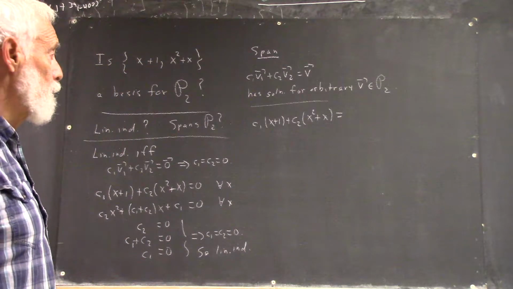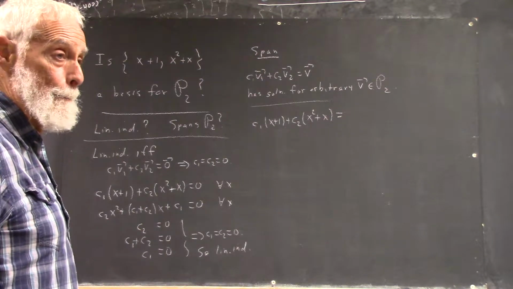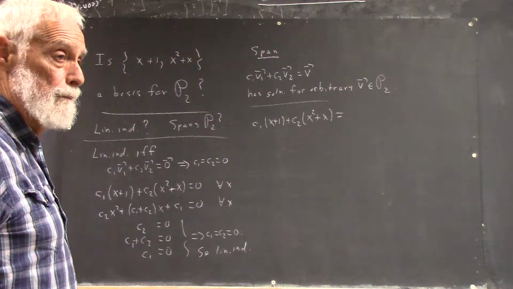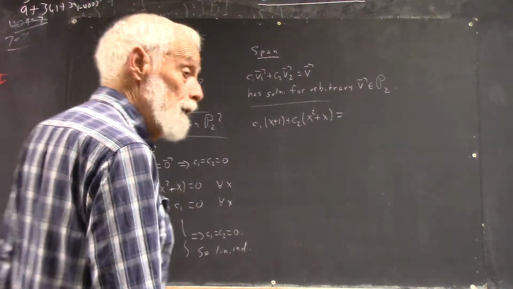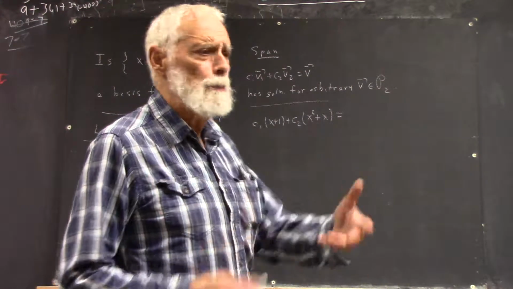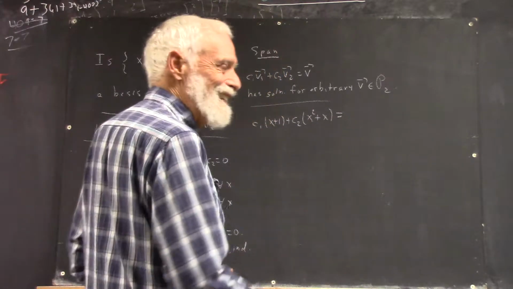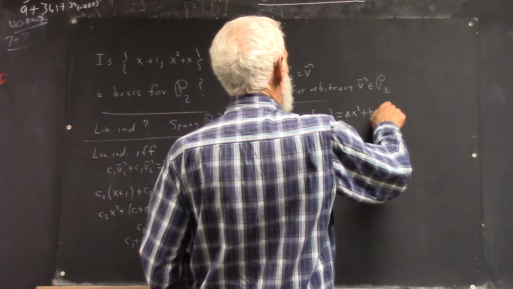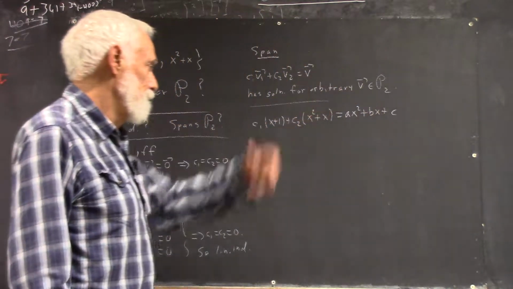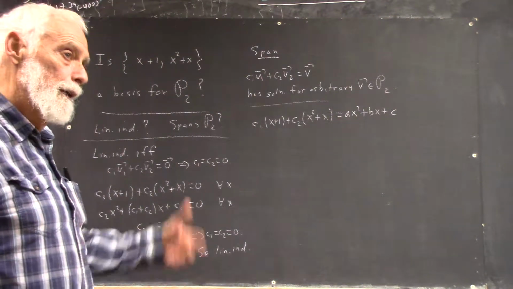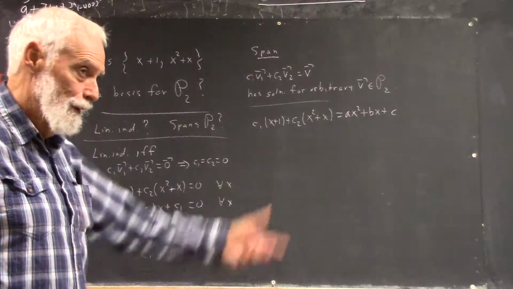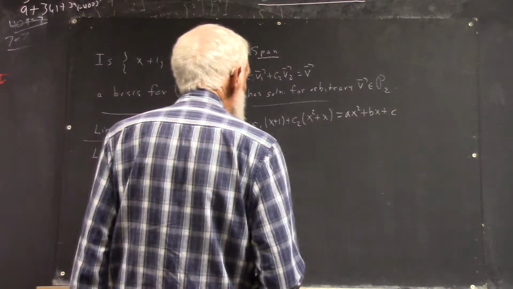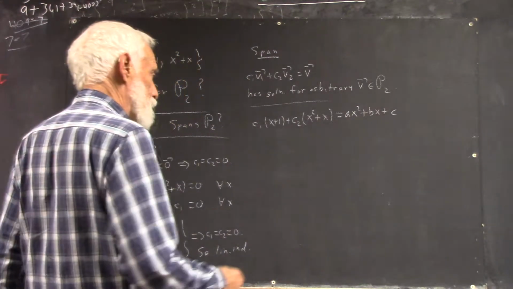How do you write an arbitrary vector in P2? ax squared plus bx plus c. That's the way I'd write it. Yeah, that's exactly the standard notation that most people would use. But you can use any coefficient you want: A1 x squared plus A2 x plus A3. Okay? That's what we want to use.